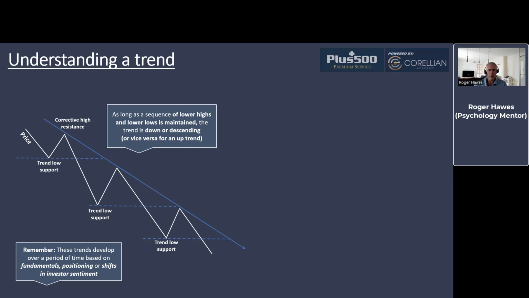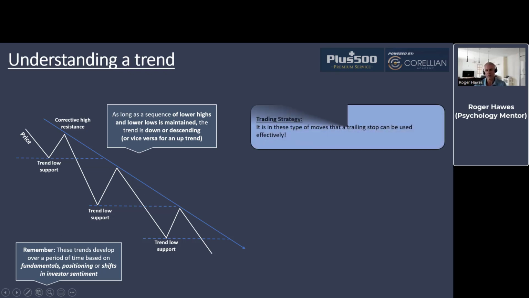So straight away, just to get us on the same page, understanding a trend, well, it's a sequence of lower highs and lower lows for a downtrend, and the mirror image on an uptrend, it will be higher highs and higher lows. And what we see here is as the price comes down, finds support, when it bounces, it gets to a corrective high, it dips again, it finds a lower low, and then the bounce only moves up and it only retraces to a lower high.